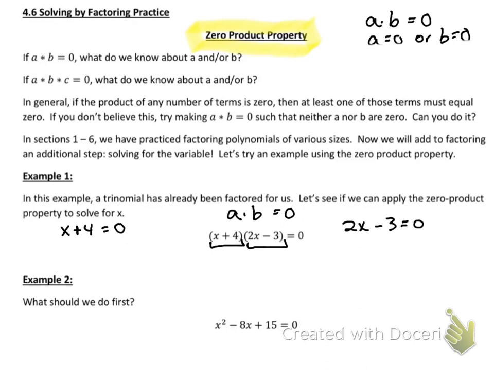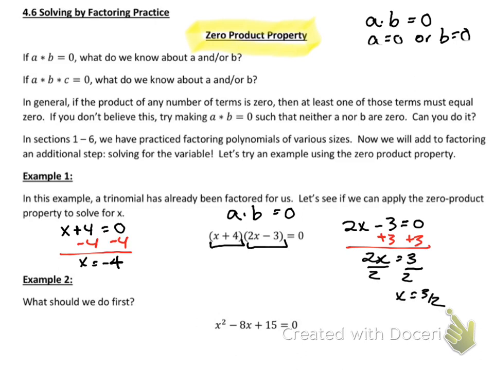So to find out the possible values of x, all I have to do is solve these two equations. If we start over here, we can subtract 4 from both sides, and we get x equals -4. Likewise, over here, we can add 3 to both sides, and then we have 2x equals 3. Then we divide by 2, and we find out that x equals 3/2.